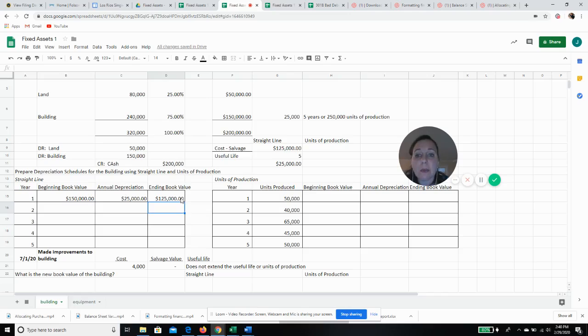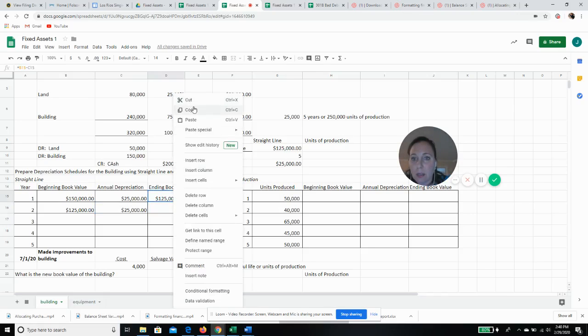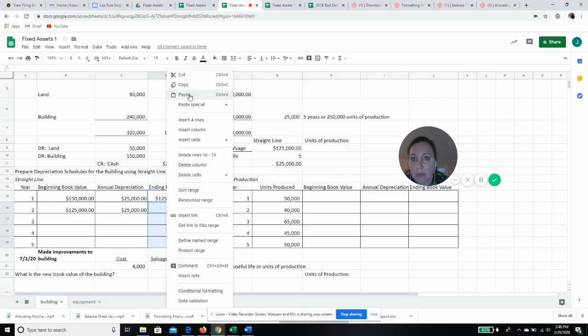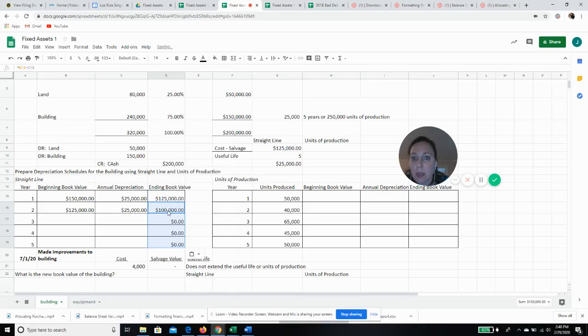Last period's ending book value becomes this period's beginning book value. Again, we enter our annual depreciation, and I'm just going to copy and paste my formula. So now we know our ending book value at the end of year 2 is $100,000.